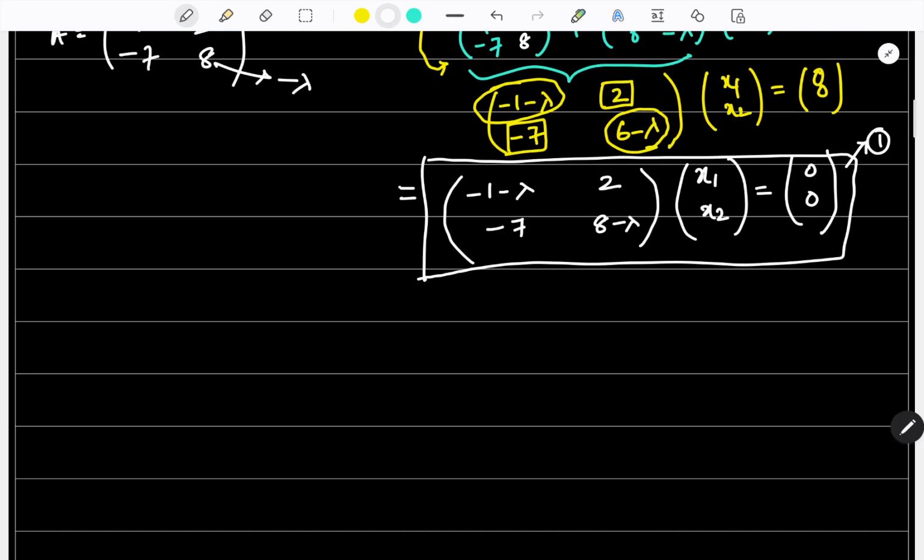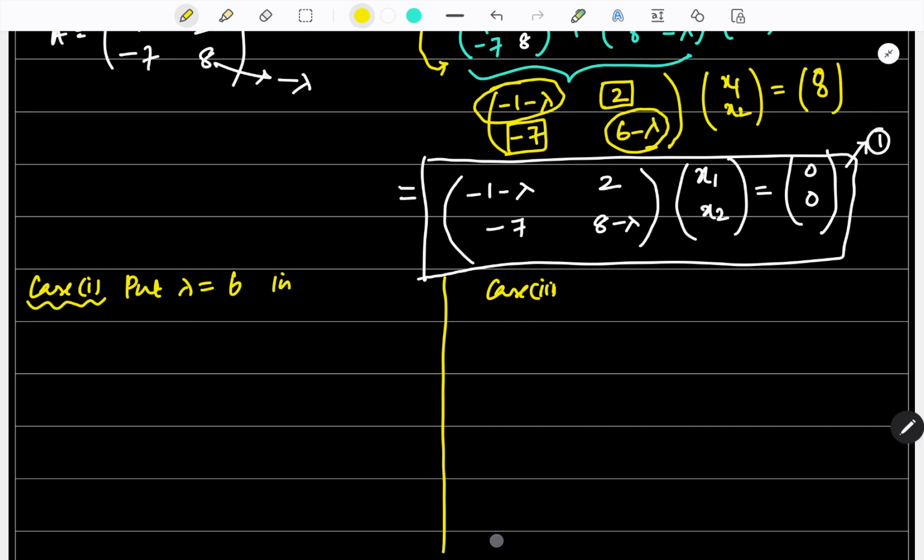So let me start case 1 and case 2 here. In case 1, I'm going to put lambda equal to the first value you got, 6, in equation 1. So minus 1 minus 6, 2, minus 7, 8 minus 6, times x1, x2 is equal to 0, 0.